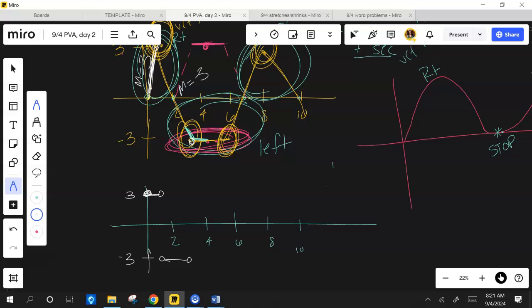How about the slope between 3 and 6? 0. How about the slope between 6 and 8? 3 again. How about the slope between 8 and 10? Should be negative something. Negative 1.5 or negative 3 over 2.